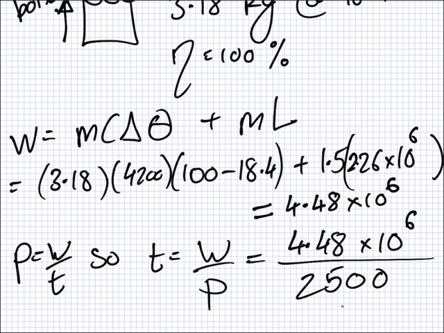So now we can get the time. Okay, let's see what the time is. 1,791 or 92 seconds. Divide that by 60, please. I'm just curious what that is in minutes. 29.87 minutes.